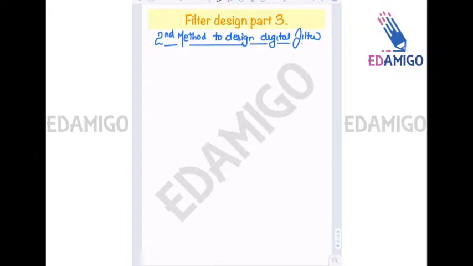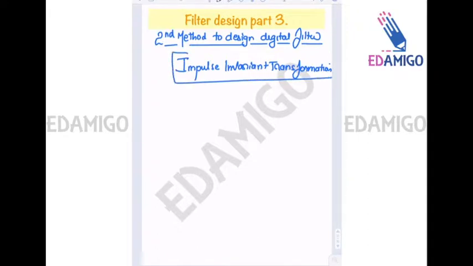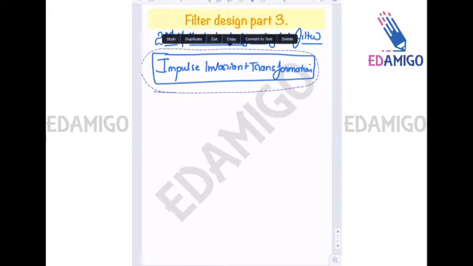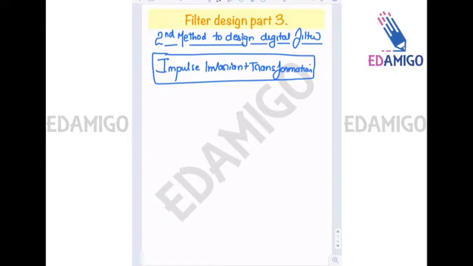We have already seen the backward difference method, and here we'll be talking about another method that is called impulse invariant transformation, a very important transformation.